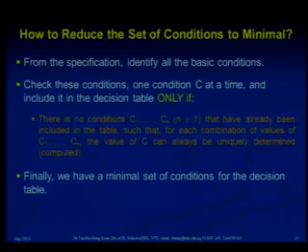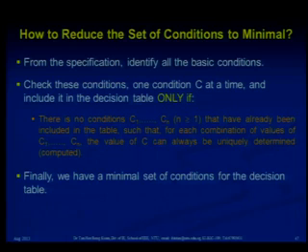But after that, we do not simply include them in the decision table. We include them one by one. Every time we consider one, the order doesn't matter. We consider all the conditions one by one until we have processed all the conditions.